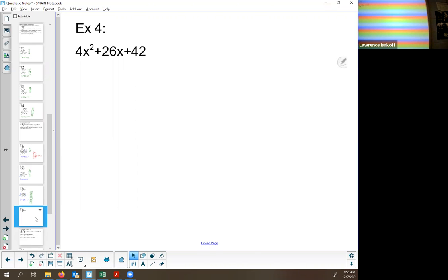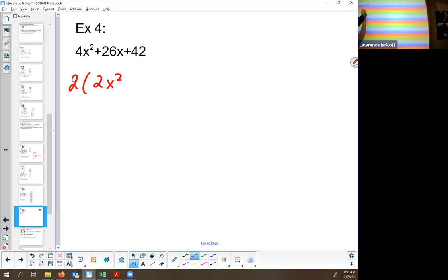So if I pull out this common factor of 2, now inside it becomes 2x squared. 26 divided by 2 is 13x, and 42 divided by 2 is 21.